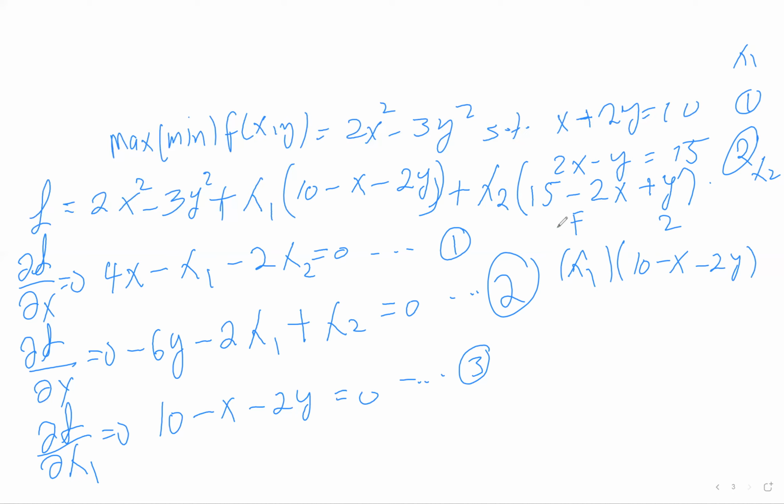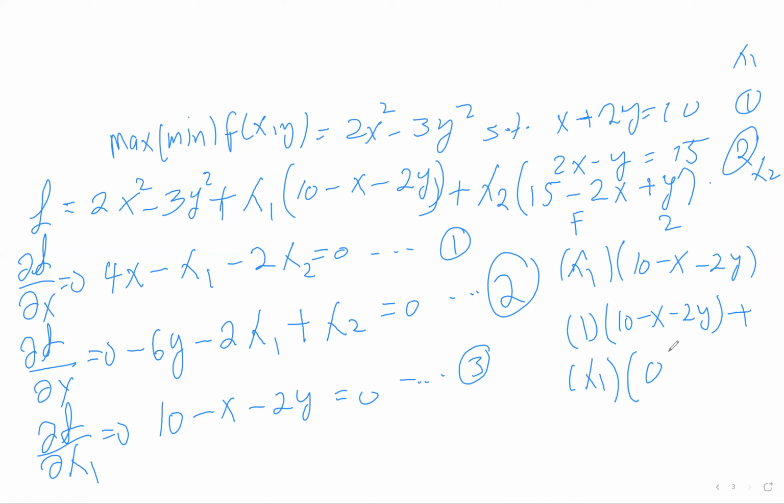So the derivative of lambda 1 is 1, times the second term, which is 10 minus x minus 2y, plus the first one, which is lambda 1, times the derivative of this second term with respect to lambda.